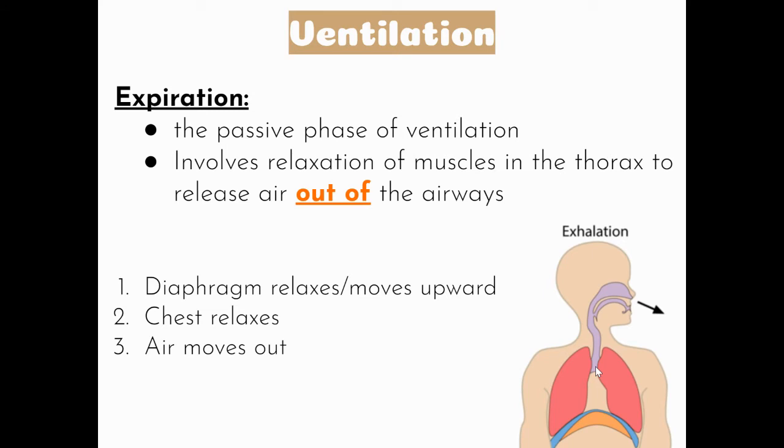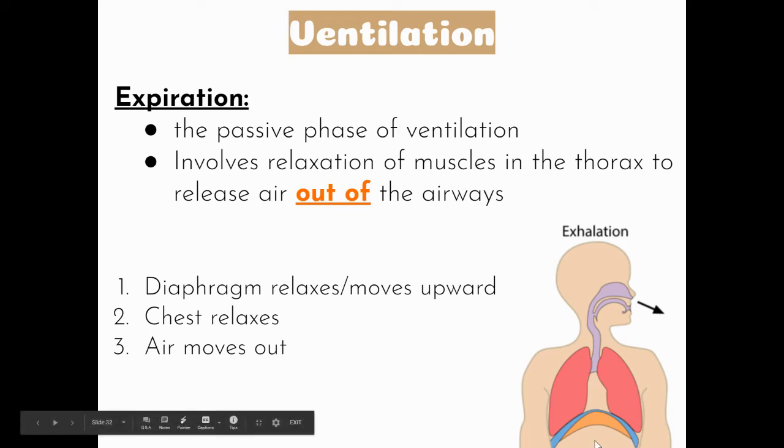Expiration, the passive phase of ventilation, involves relaxation of muscles in the thorax to release air out of the airway. Number one, the diaphragm relaxes, moving upwards. Number two, the chest relaxes, coming back down, and number three, air moves out. The diaphragm, which was down during inspiration, moves back up.